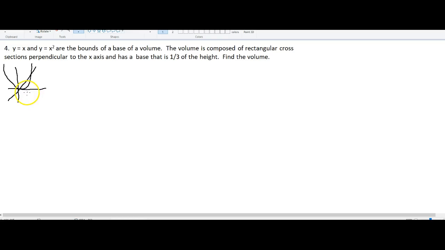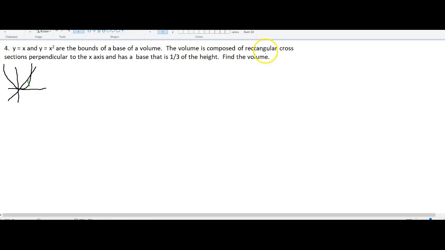Since we're talking about perpendicular to the x-axis, so the x-axis is this way, perpendicular is this way, the bottoms of my graph are still going to be up and down, but I have a problem in that they're not just y anymore. They're the y of the line minus the y of the curve. More on that in just a moment.